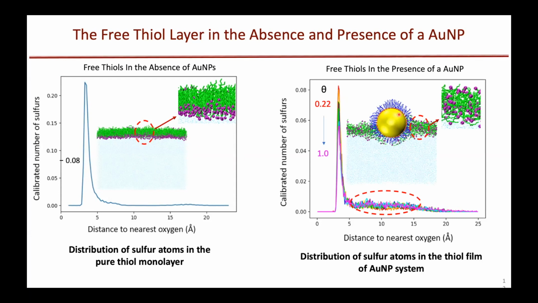However, when you place these gold nanoparticles on top of the film, you see the sulfur atoms become disordered and randomly distributed along the film, meaning this film will become more bulk-like liquid. And as you increase the coverage, the film becomes more disordered. So this indicates that there is a strong interaction between the free thiols and the bonded thiols.